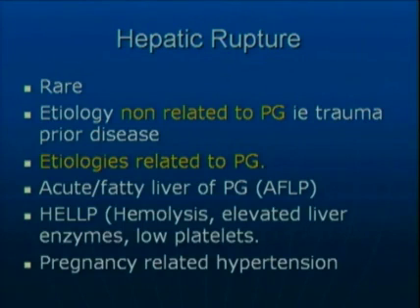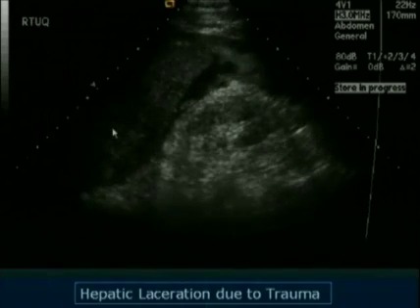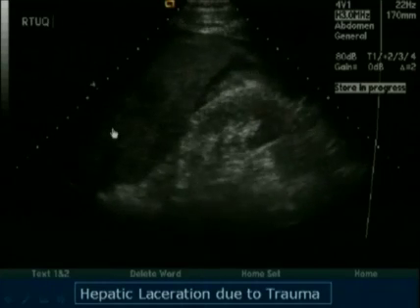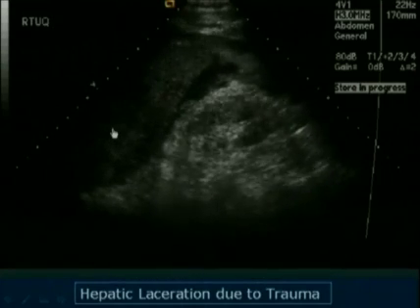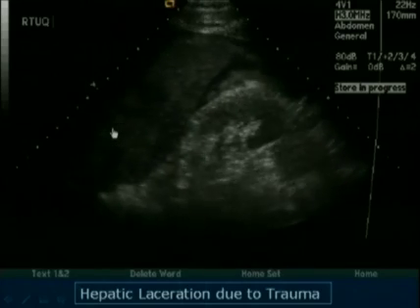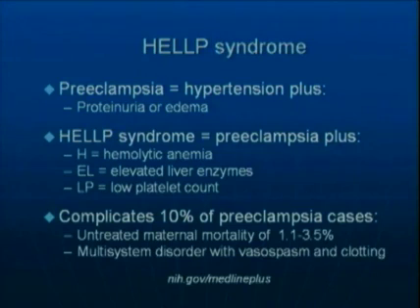And then hepatic rupture may be related to pregnancy, or it may not be related to pregnancy, such as trauma. In trauma, this is a great example of hepatic laceration. Here you can see the echogenic clot as well as the free fluid and the hypoechoic area within the liver in trauma.